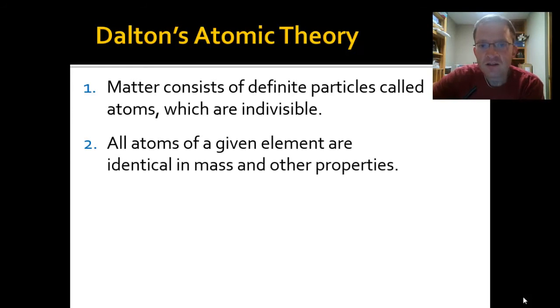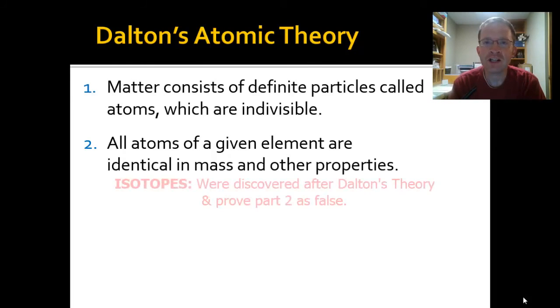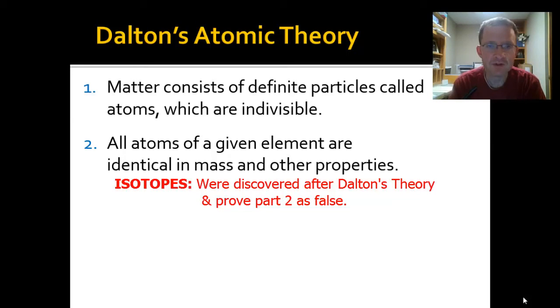The second part of Dalton's atomic theory is that all atoms of a given element are identical in mass and other properties. In other words, all of the atoms of silver in the world are exactly the same, or all of the atoms of carbon in the world are exactly the same. It turns out that number 2 on Dalton's atomic theory is also, in fact, very false, and we'll talk more about why later. You'll find out the word isotopes becomes very important, and isotopes are the simple reason behind why number 2 on Dalton's list is false.